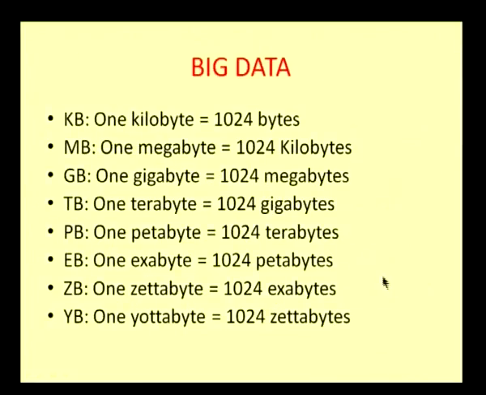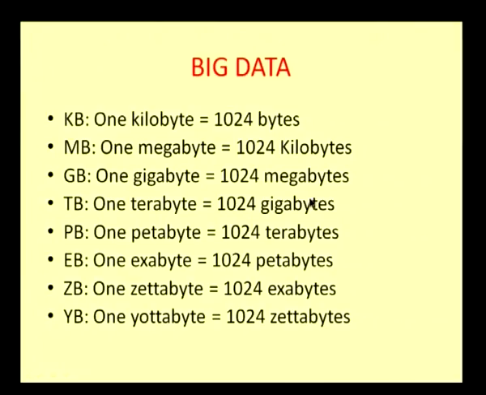Then we are going to talk about the next topic, which is big data. We have different units of big data. Already I have given some introduction about big data in the previous episode. Here the minimum unit is 1 bit, then we have 1 byte.